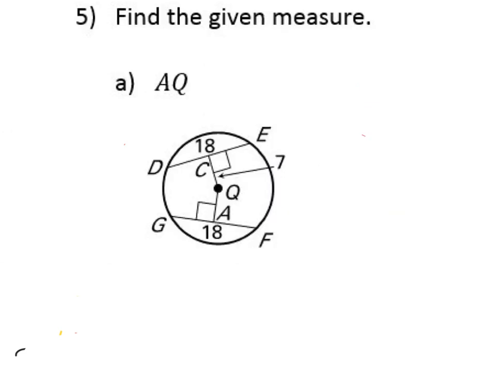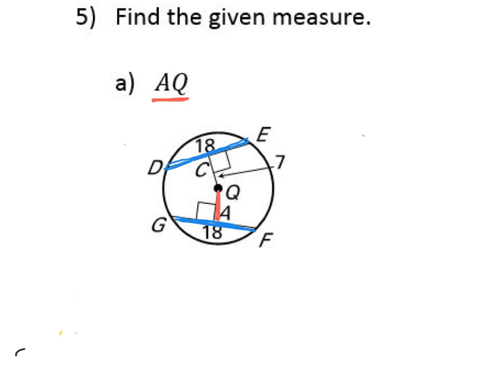Now, for this next problem, what I'm looking for is the length of segment AQ. This piece right here. There's a lot going on in this picture. So, first thing I notice is that chord DE right here is 18, and chord GF down here is 18.